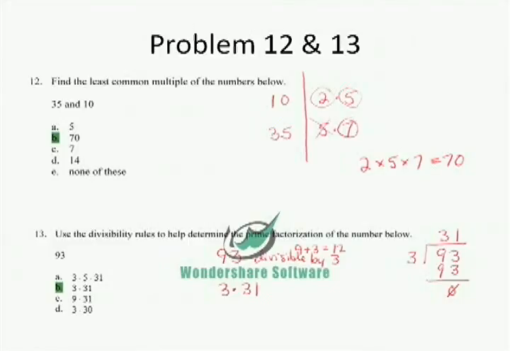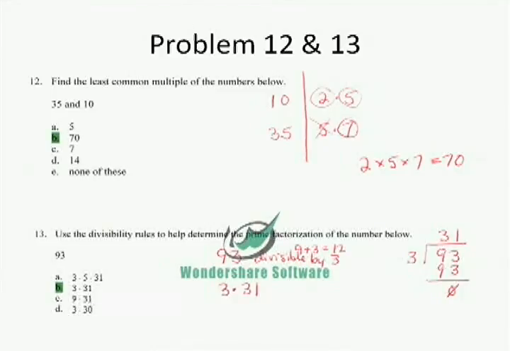Let's add those two numbers. 9 plus 3 equals 12. Now, is 12 divisible by 3? Yes, it is. So using the checksum, 9 plus 3 equals 12, and that number is divisible by 3, then that means that 93 is also divisible by 3.